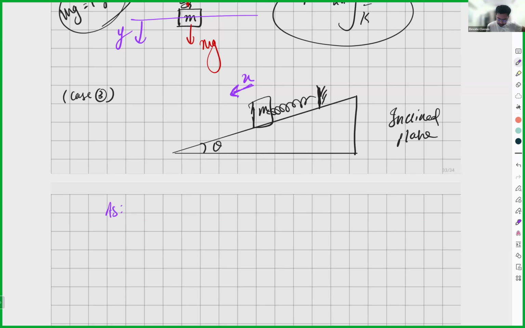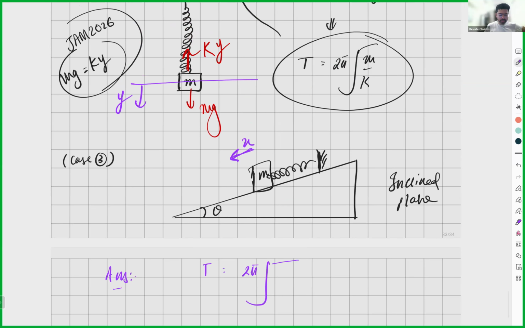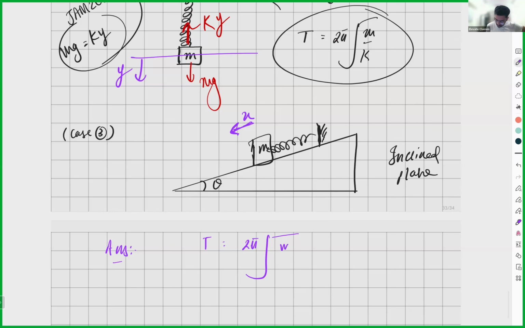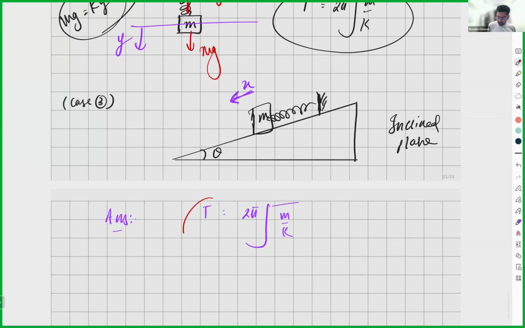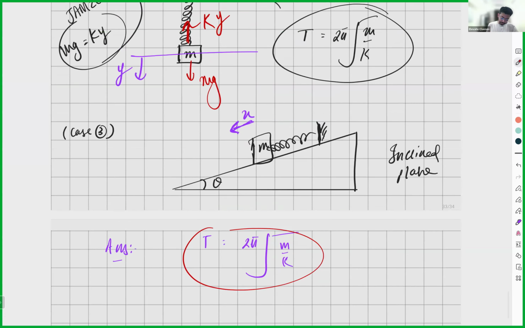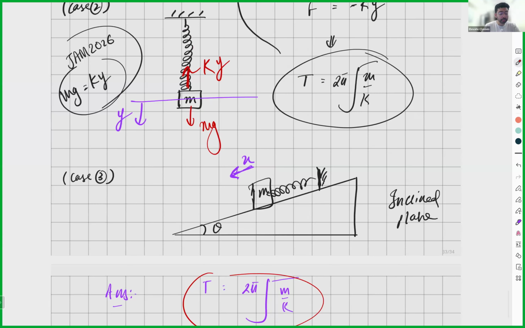Okay, so the answer is the time period is the same, because this is also against gravity only. Now the question is, what is different in the three cases? Is there something which is different? Because the time period is certainly the same.